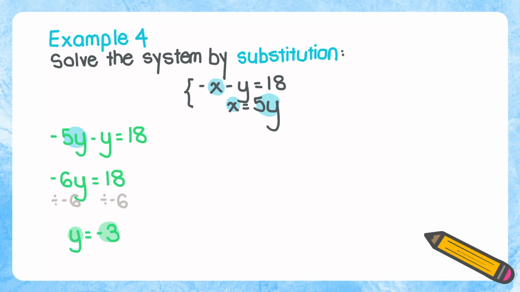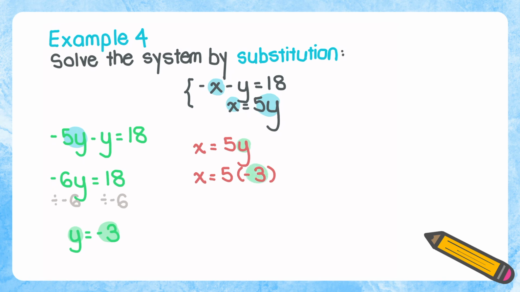And since we found our y value, we can now find our x value. x equals 5 times y, but we can replace this y value with negative 3. So we have x equals 5 times negative 3.